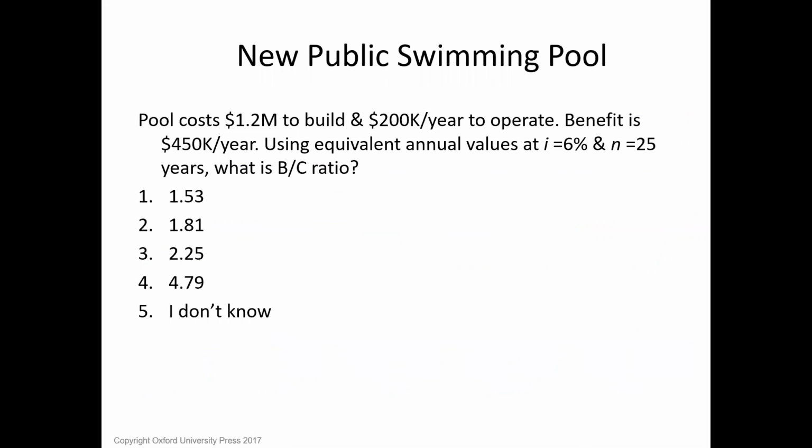Let's go for a new public swimming pool, shall we? If a pool cost a little over $1 million to build and $200,000 a year to operate, we benefit from it by $450,000 a year. If we use equivalent annual values at an interest rate of 6% with a period of 25 years, what is the benefit cost ratio?